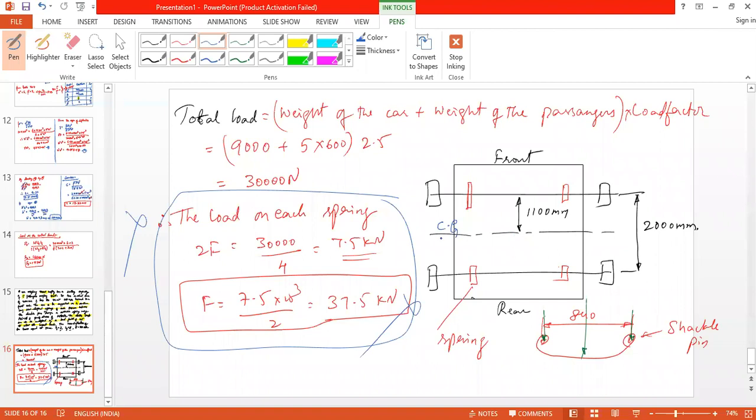Now we can say that all the load is concentrated on the CG. To know the load on each spring, I need to take the moments about the front axle and the rear axle.